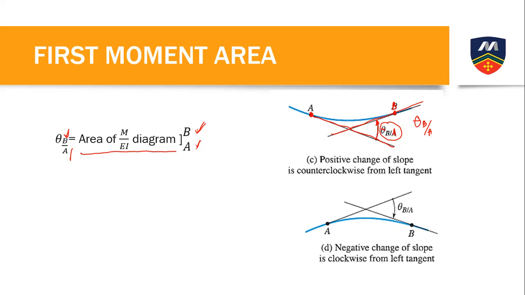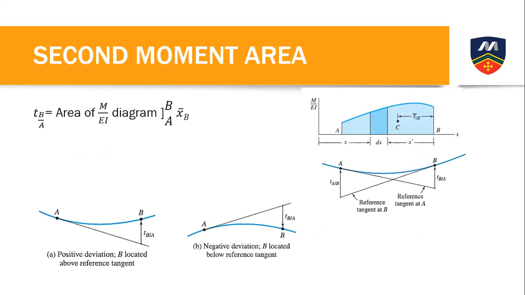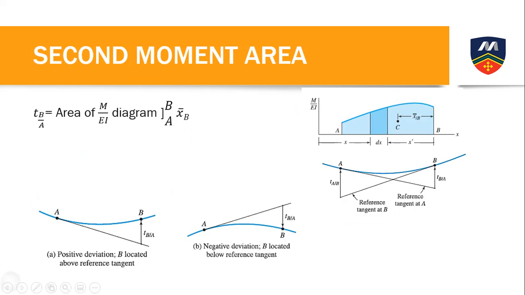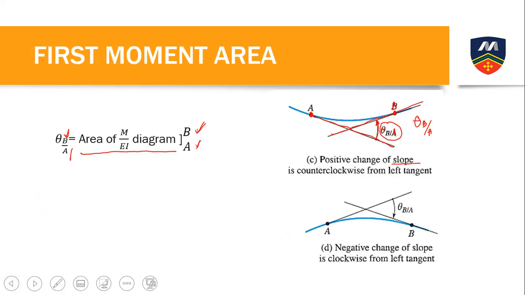Okay, so ang atong sign convention dali is we have a positive change of slope if ang atong direction is counterclockwise from the left tangent.